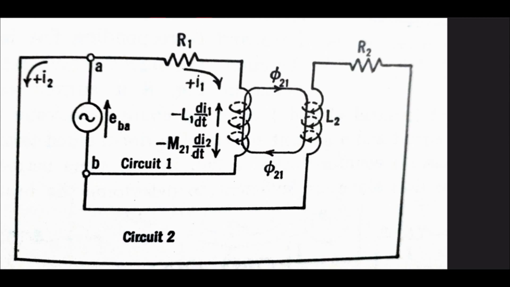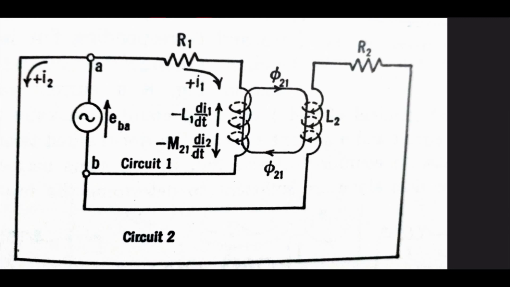Now, every time we have to analyze the relative direction and positive, negative, first you have to select one direction of current to be the positive direction, and then you have to identify or tag other currents, whether they are flowing in the positive direction or negative direction.